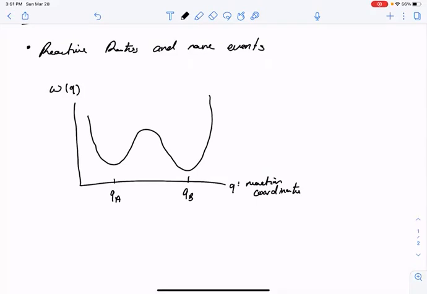Namely, there exists a barrier, say at Q star, that separates basin A from basin B.